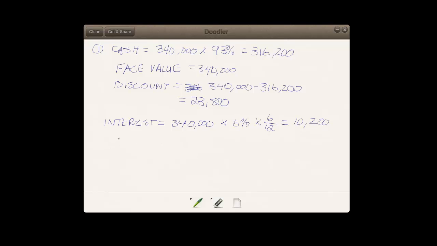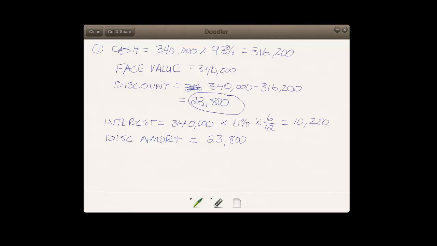Okay, now how much of that discount do we amortize? Discount amortization using the straight line method means we start with the total discount, but we need to divide it by the number of interest payment periods.